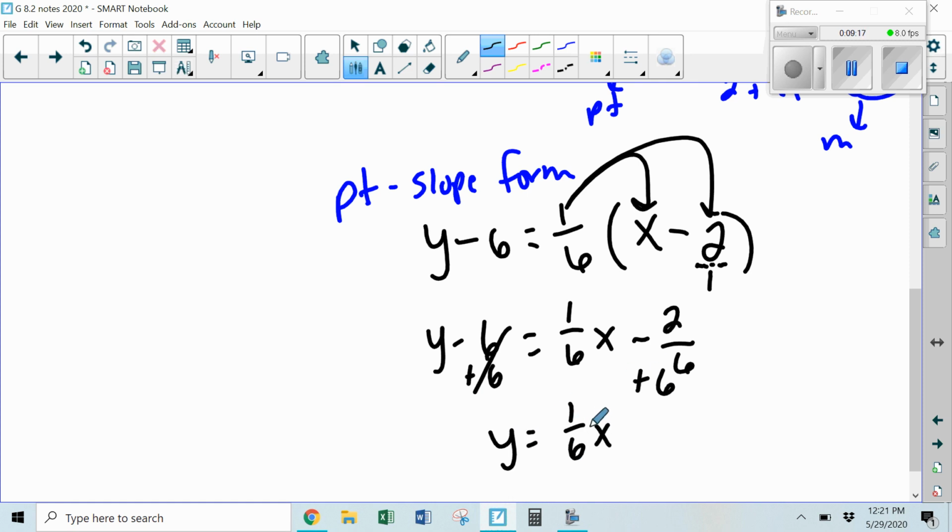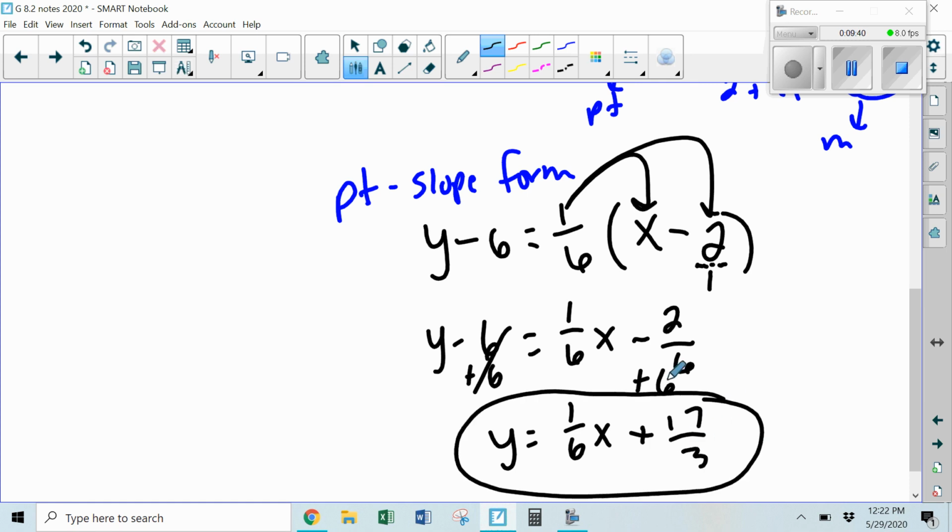So in my calculator, I'm going to write -2/6. I might put that in parentheses. -2 divided by 6 plus 6. Then I'm going to put that back into a fraction. So that's going to be 17/3.